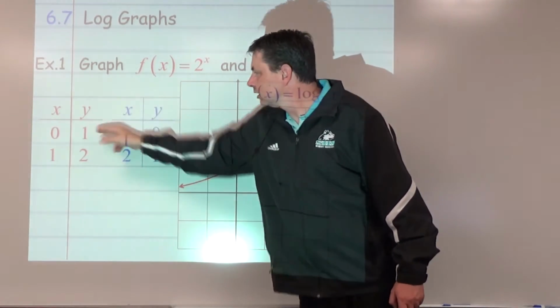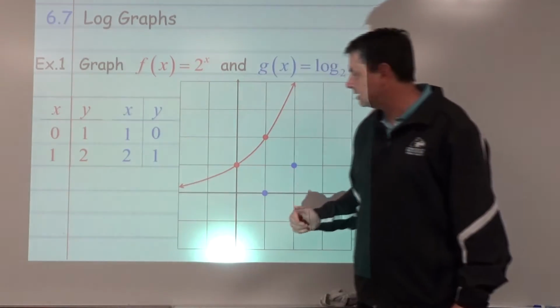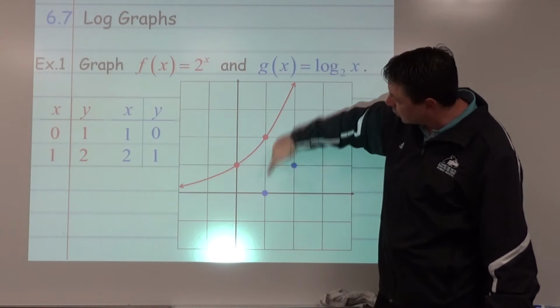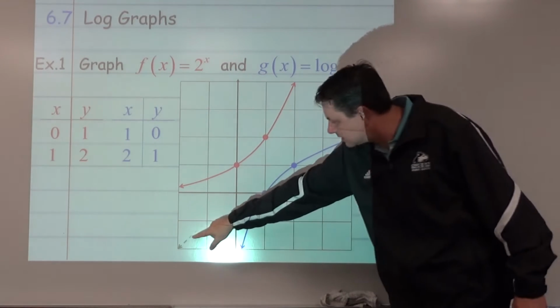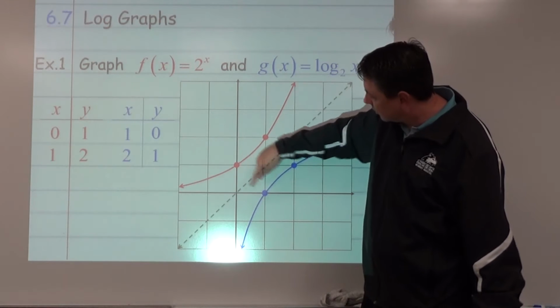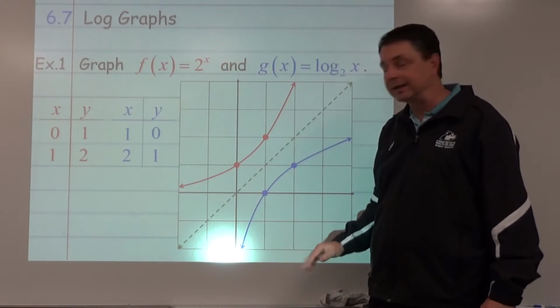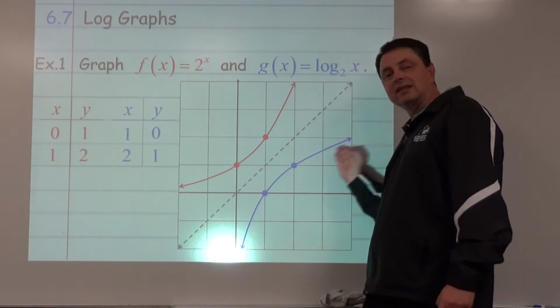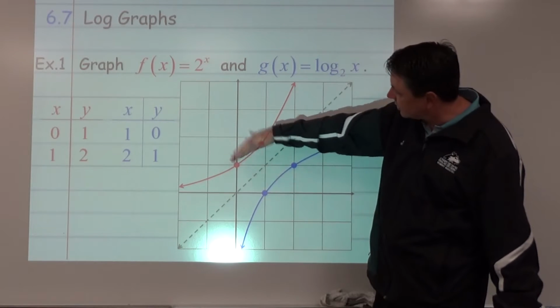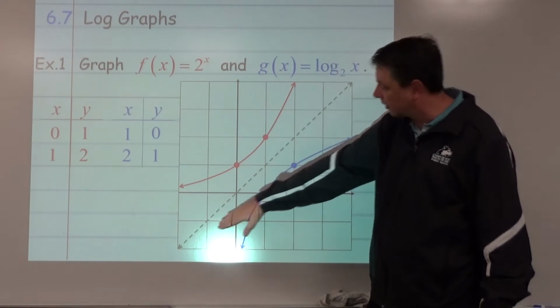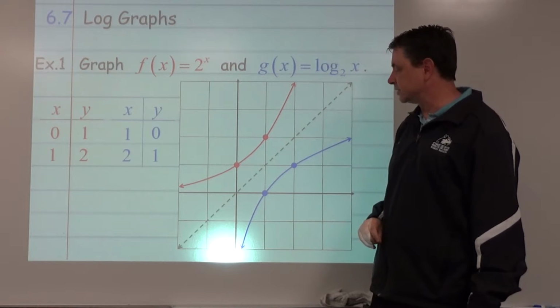So notice what we're doing is we're switching these, and then that would reflect across this diagonal line right there. Reflects that point, and then the graph bends like this, so that you can see they're mirror images of each other in the line y equals x.